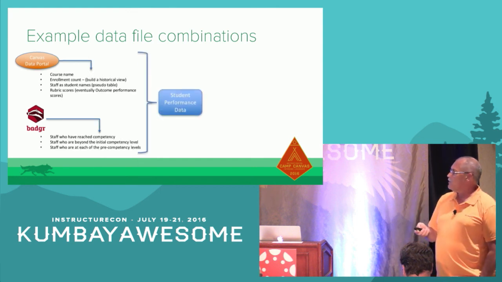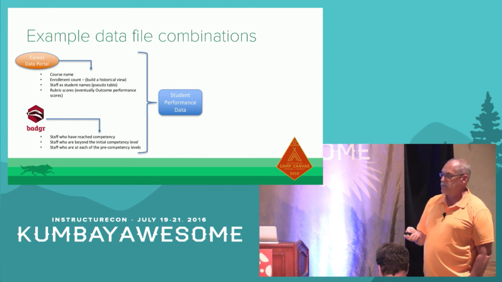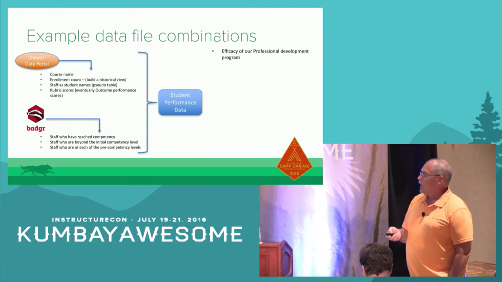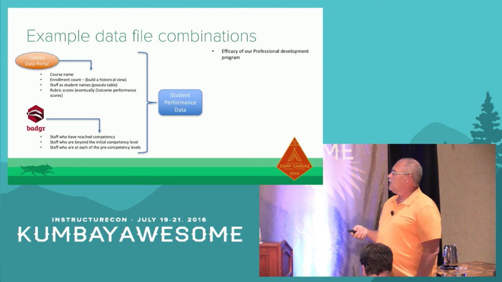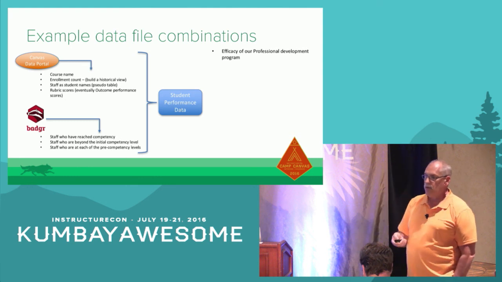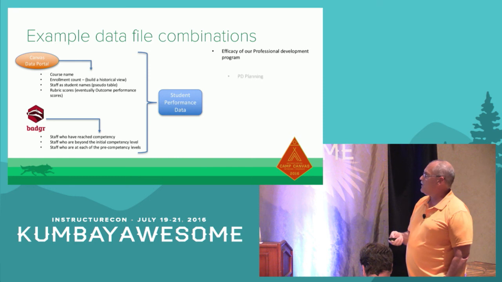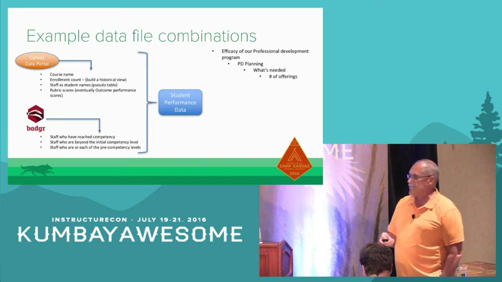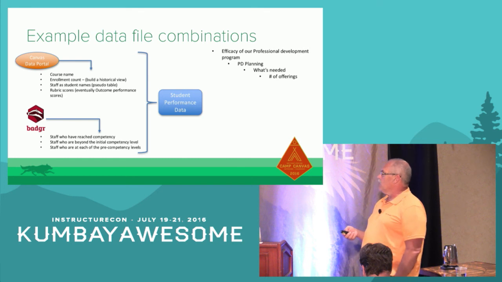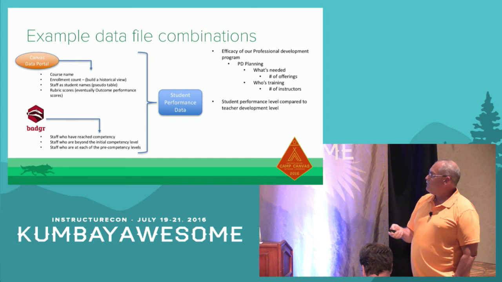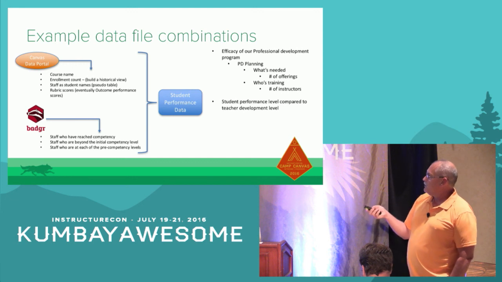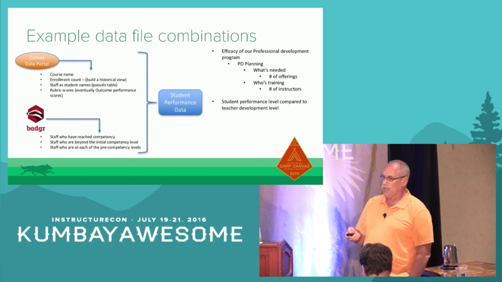We'll combine those with the student performance data, and that will enable us, through our reporting structure, to look at our professional development program, how successful it is. That'll help in our PD planning. We'll be able to tell what's needed, what direction we need to go, number of people, who's training, number of instructors. We will match the student performance level to the teacher development level.